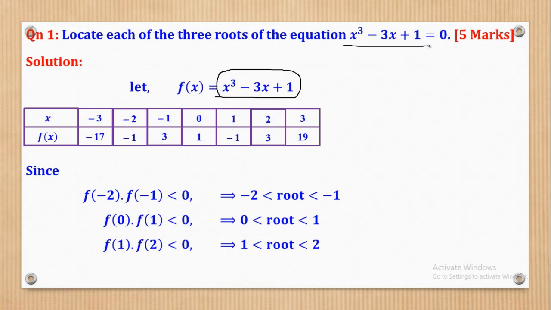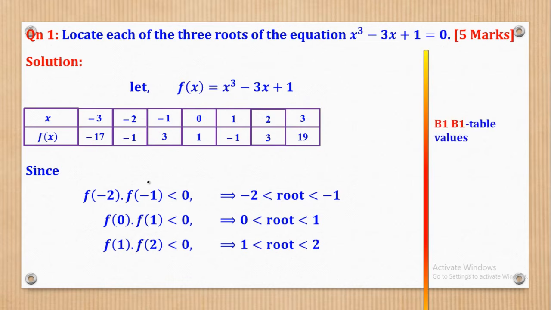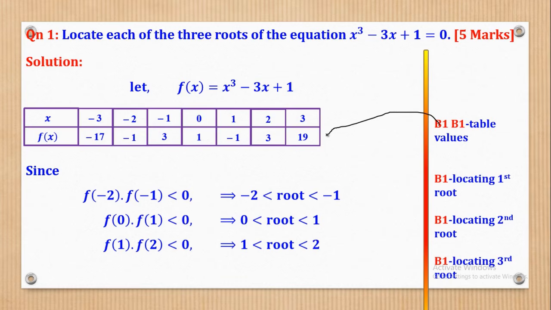After getting the roots of this cubic equation, you must list your values such that your interval encloses all those 3 roots. So B1 for this, B1 for generating that, B1 for the first location, B1 for the second location, B1 for the third location.